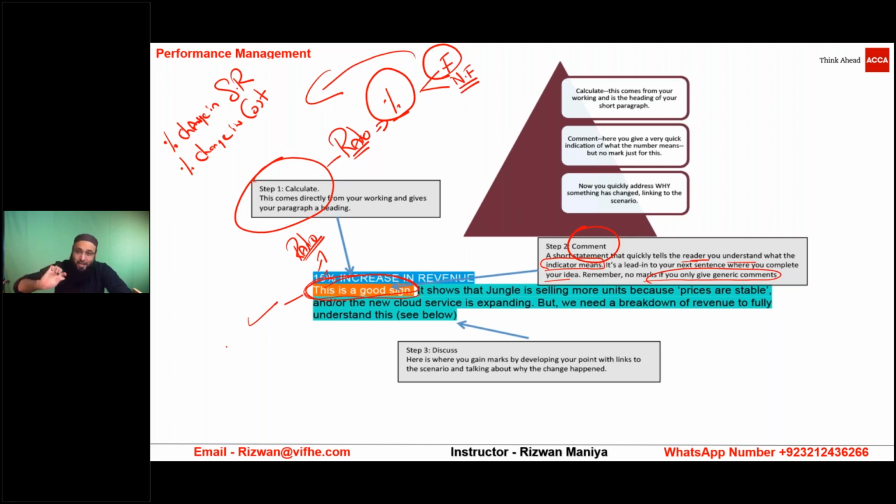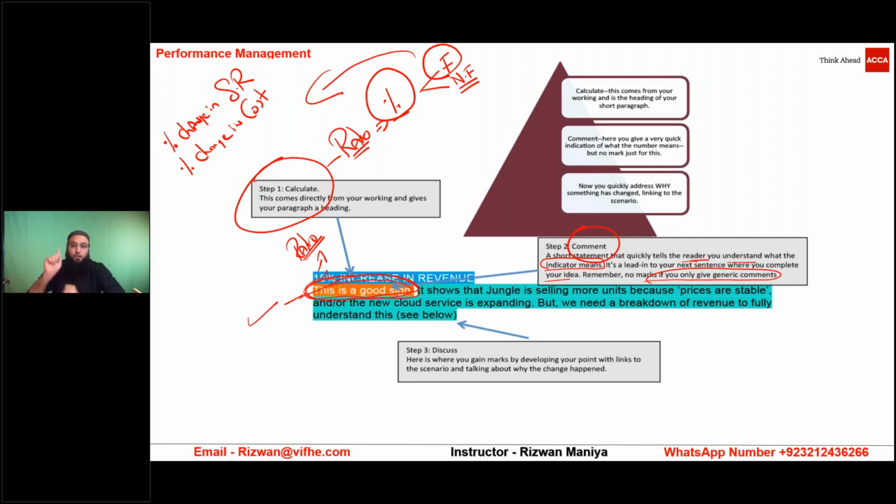Is this change good for the business or bad for the business? That is just one sentence, known as the comment, because whatever you do next depends on the first statement you make, whether it is good or bad.